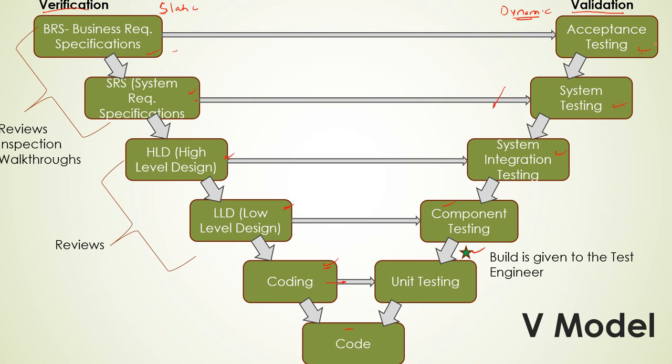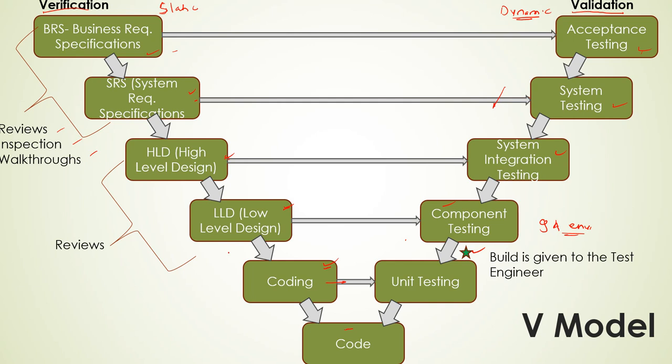To carry out the validation, the code must be deployed to the QA environment. For the static testing or the verification, we don't need to have the code deployed to the QA environment. In case of verification, we perform reviews, inspections, and walkthroughs, to carry out the different types of reviews based on these documents, designs, and the codes.